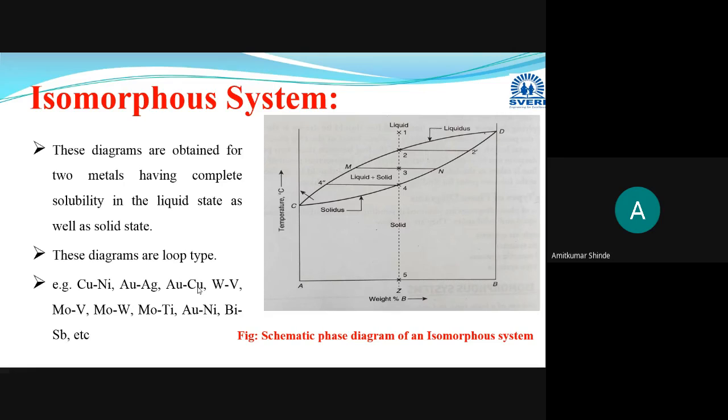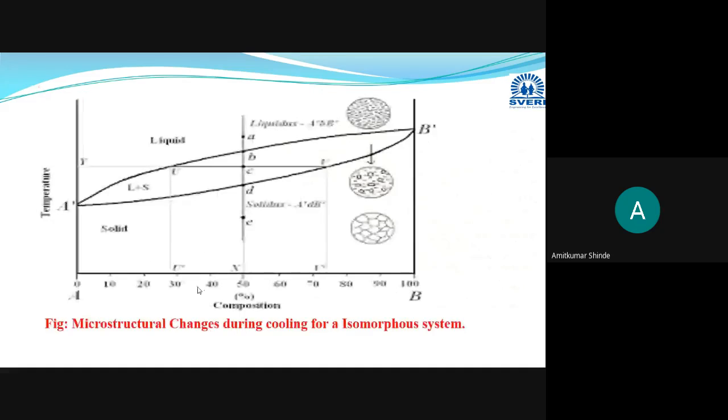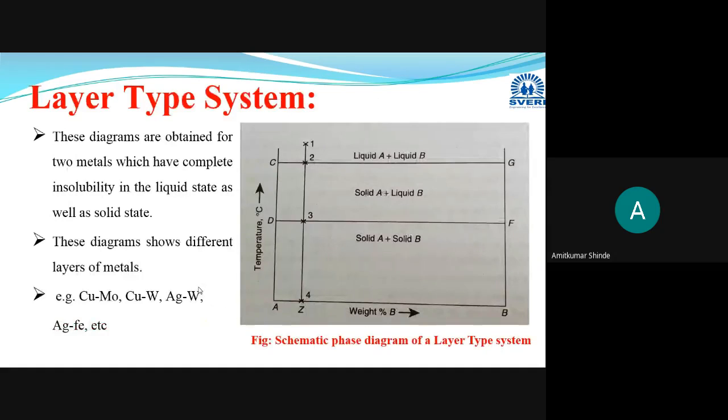If you are using ornaments having silver and iron, then in the solid state that silver and iron will be separately and clearly visible. That is the example of the layer type system. In the same way, silver and tungsten will be visible if tungsten is added. So these are examples of the layer type system.